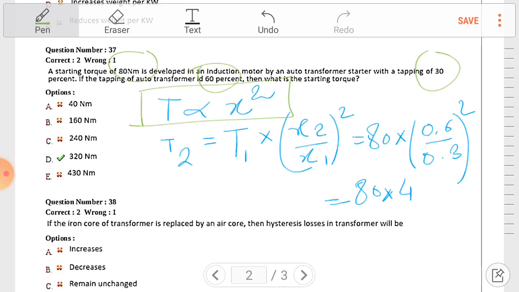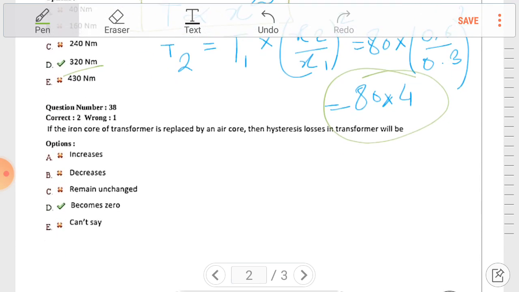So 80 multiplied by 4, because tapping increased by 2 times, sorry, tapping increased by 100%, so torque will increase by 300%, or multiplied by 4. It is 320 Newton meter.